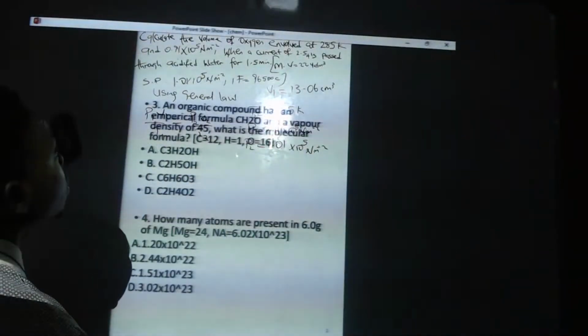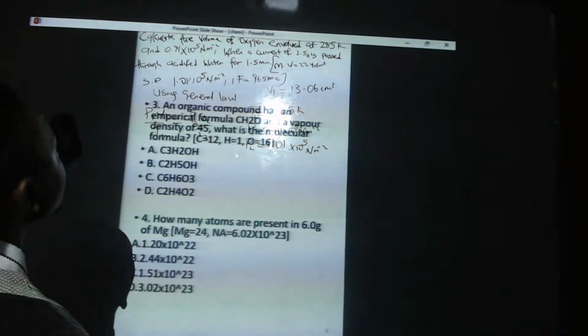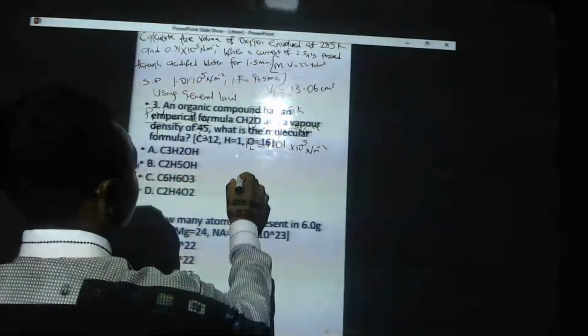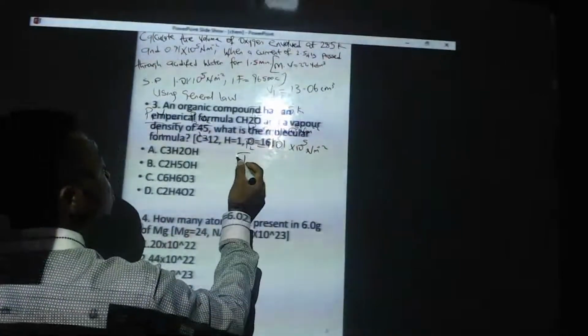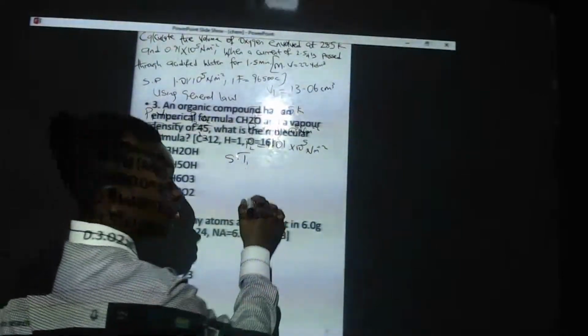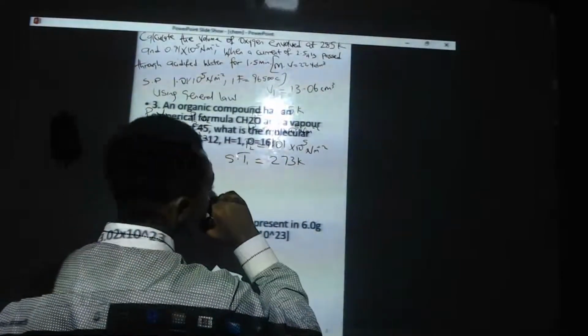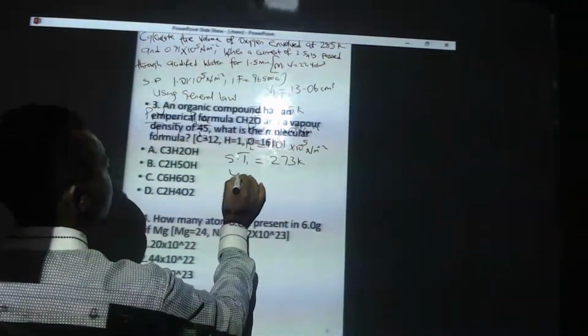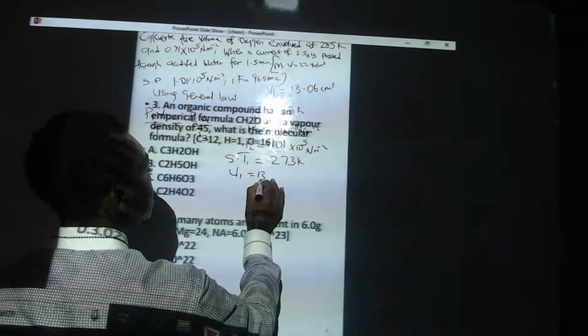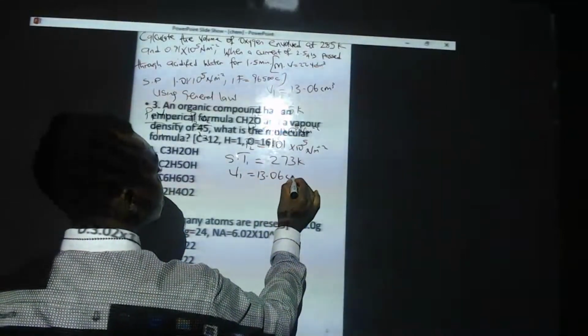Okay, then your first temperature, which is your standard temperature, is being given as 273 Kelvin. Now, your volume is being given as 13.06 cm³.